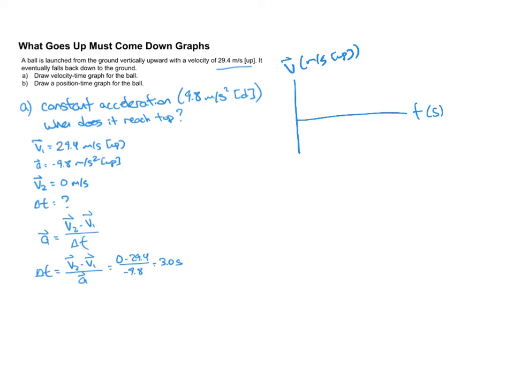And I'm going to plot my key points. My key points are 3 seconds. Okay, I just calculated 3 seconds is when it comes to a rest. So that'll have a velocity of 0. And then my starting velocity is another key point. My starting velocity is 29.4.